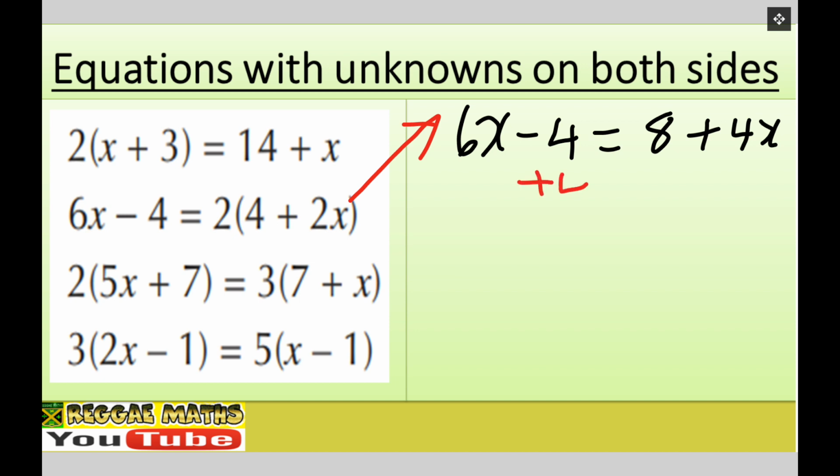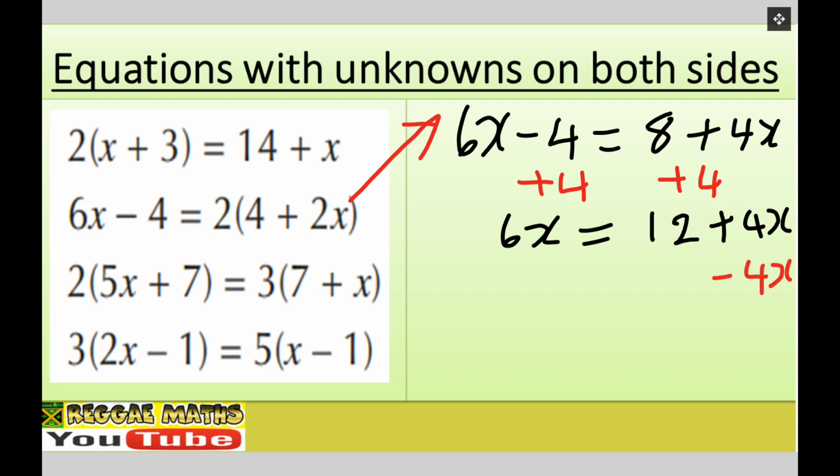Add 4 to both sides. So we got 6x equals to 12 plus 4x. Take away 4x from both sides.